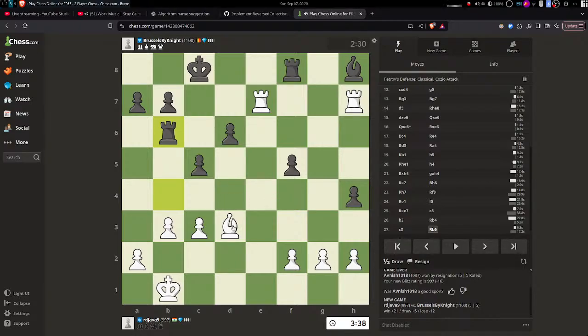Okay, not here. That's nice. Okay, what happens if I try to do a check, right? This is a check. And with this check, he cannot take because that's a checkmate, right?